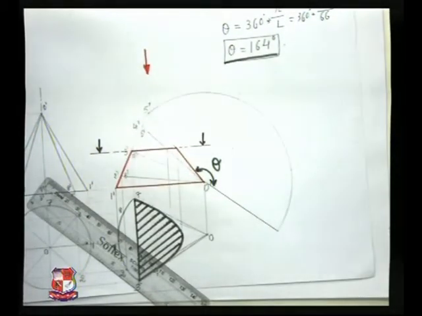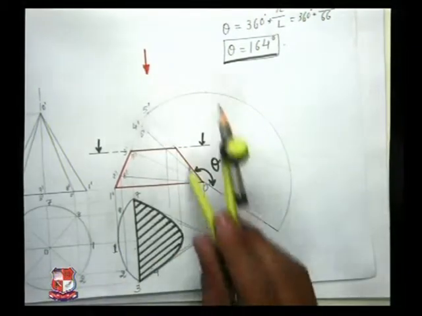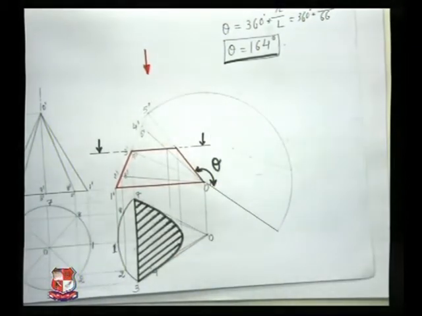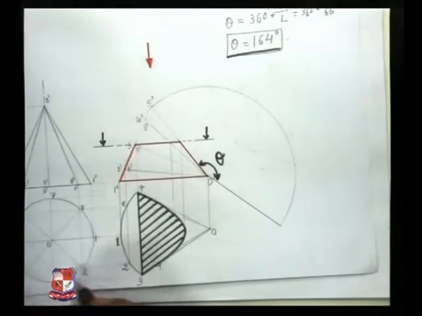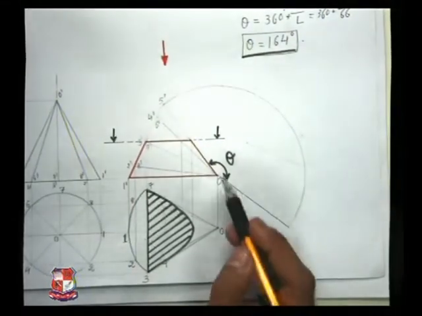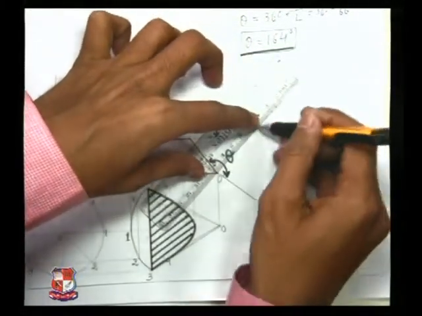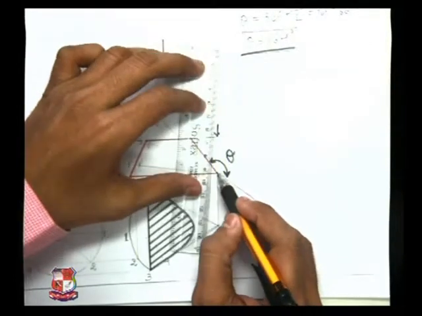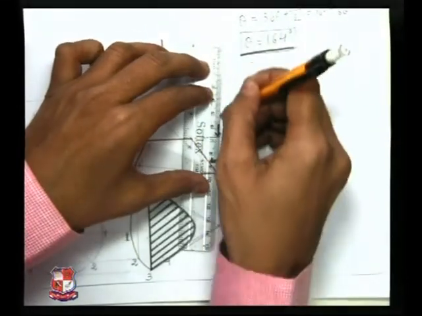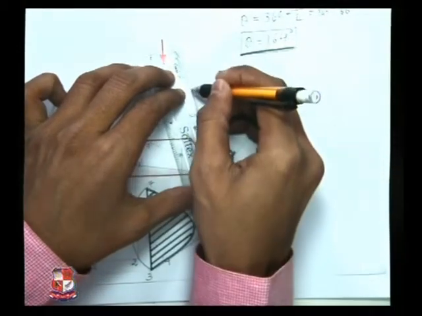Now after drawing this angle, let me divide this angle into 8 equal parts. As we have divided this circle into 8 equal parts, so this angle also should be divided into 8 equal parts. So 164 by 2, that is 82 degree, 82 by 2, that is 41 degree, and 41 by 2, that is 20.5 degree.